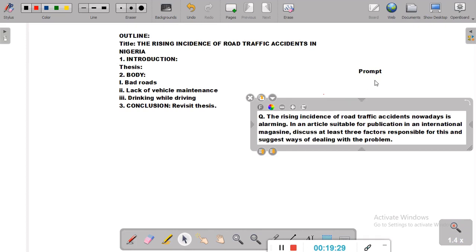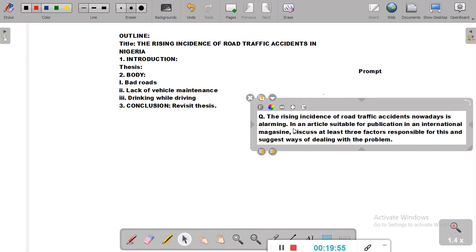So our prompt here is: the rising incidence of road traffic accidents nowadays is alarming. This is our prompt, and we are going to base our thesis on it.